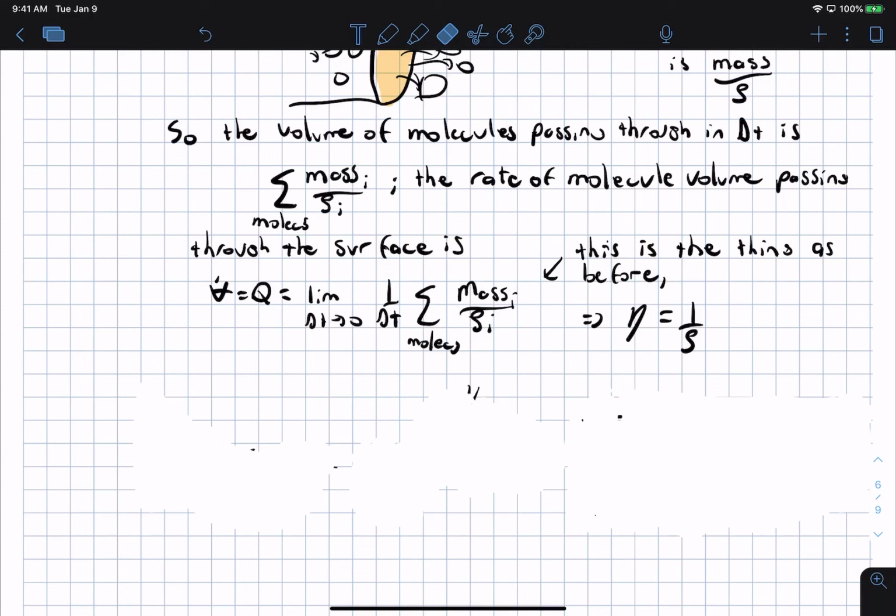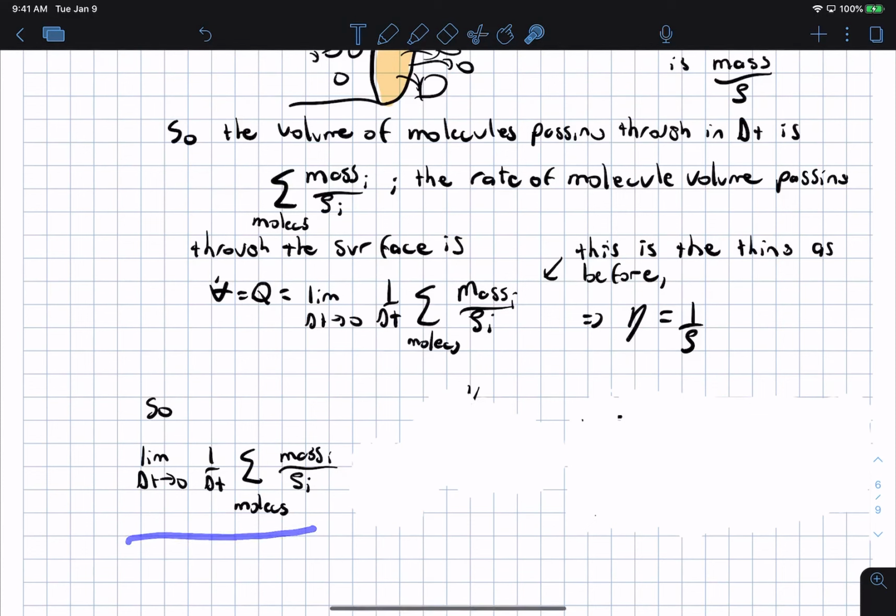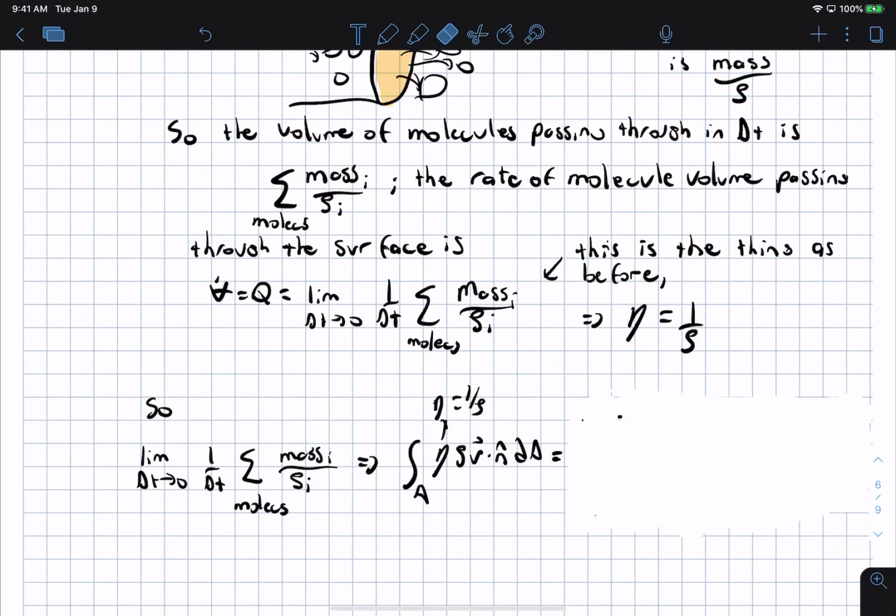And so we can work through it some more. The rate of volume of molecules passing through the surface is equivalent to the area integral of eta times rho v dot n hat times dA, and eta is just 1 over rho.